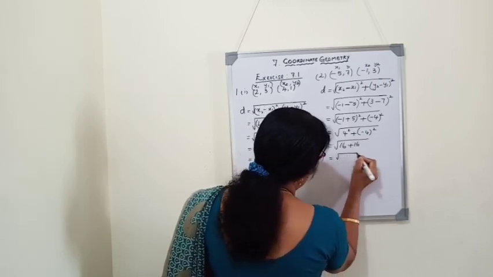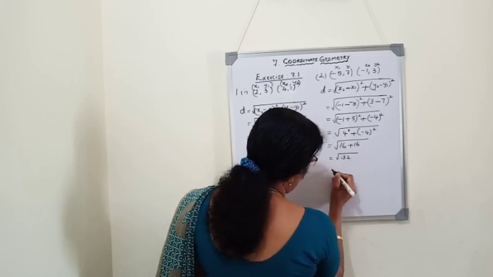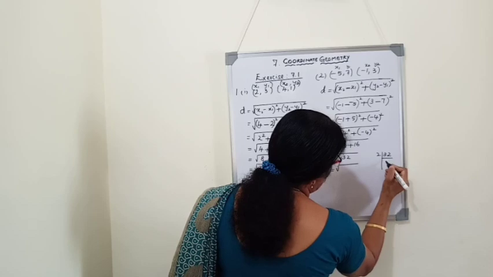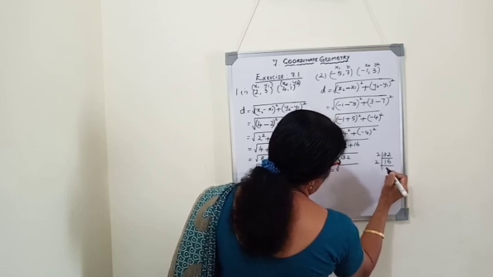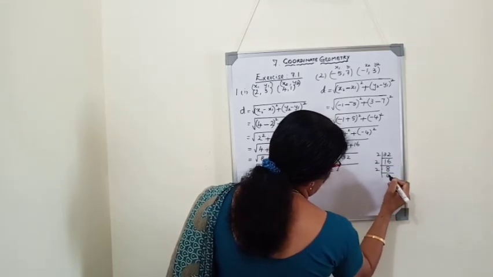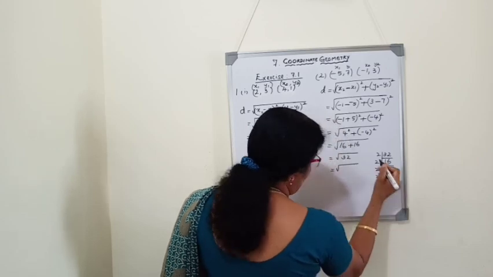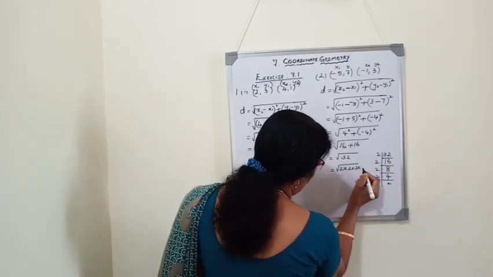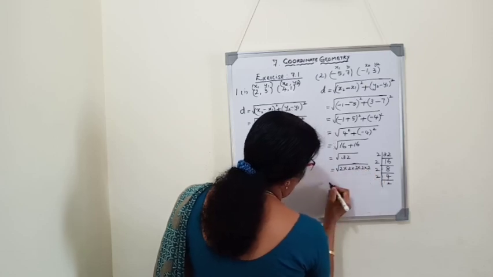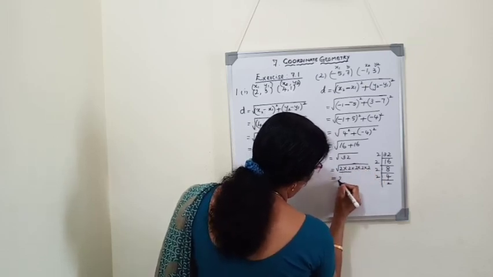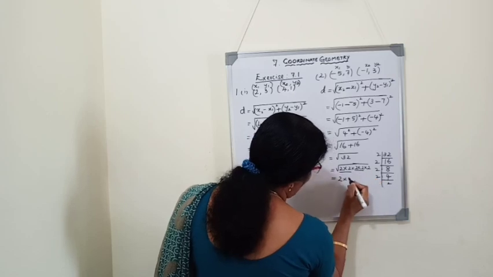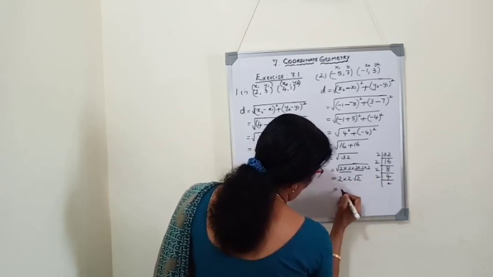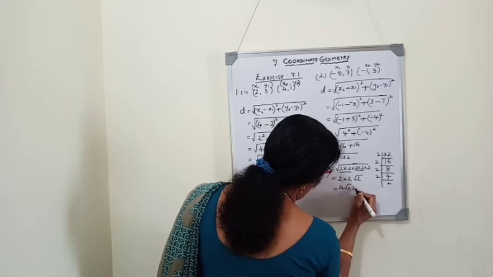It is root of 32. This also we have to factorize. 32, totally 5 2's are there. So write all the 2's. From 2 similar numbers 1 number out. Again next 2 similar numbers 1 more number. The single root we have to put under. So answer is 4 root 2 units.